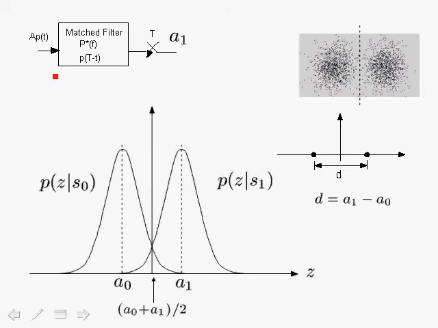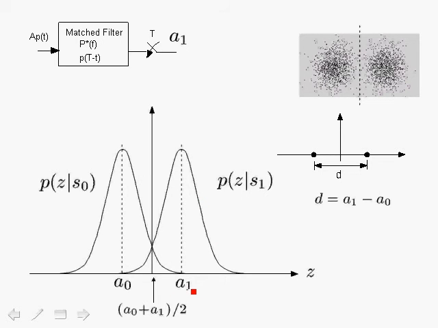Again, if we look at the diagram over here, we're inputting a signal A p(t). In this case, A being positive, it corresponds to A1. It goes through the match filter. We also have noise, and we sample at the optimum sampling point, which is the maximum signal-to-noise ratio, and we obtain the decision variable A1. Here we show the probability density function, PDF, of the decision variable A1.